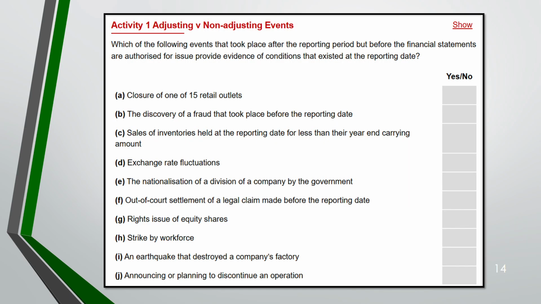Now, this is one activity for you to identify which of these events is adjusting or non-adjusting. So, the first one, closure of one of the 15 retail outlets. First we'll go by: is it adjusting?